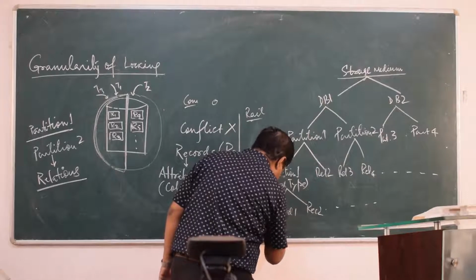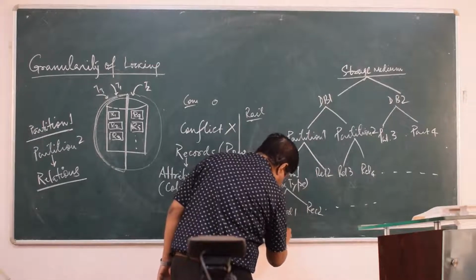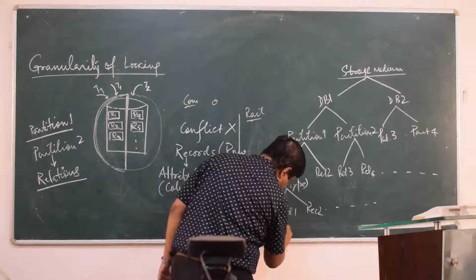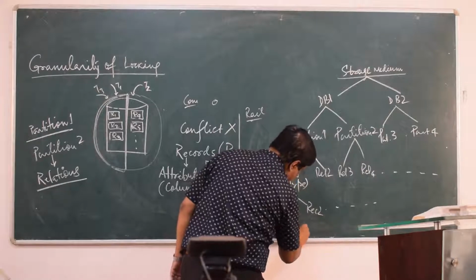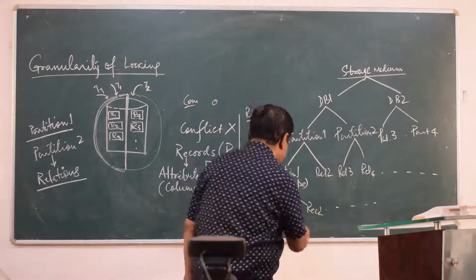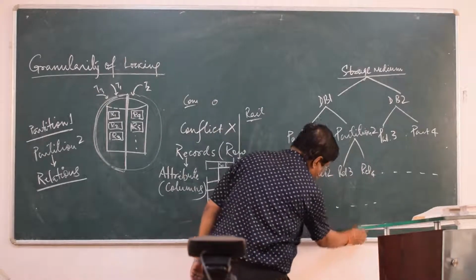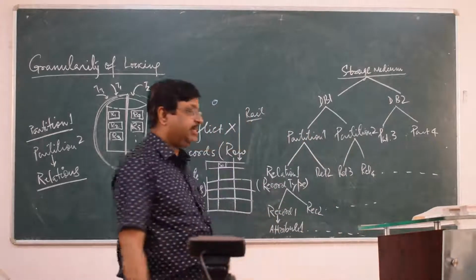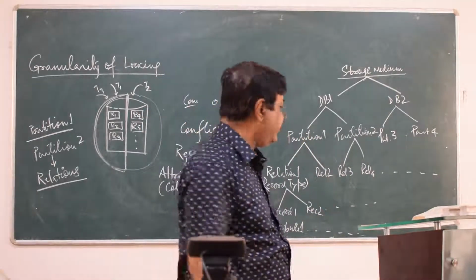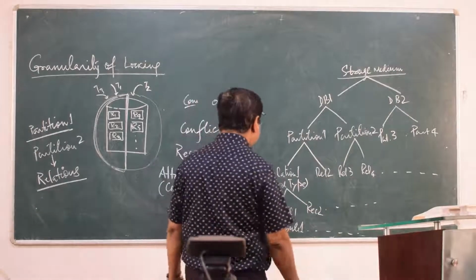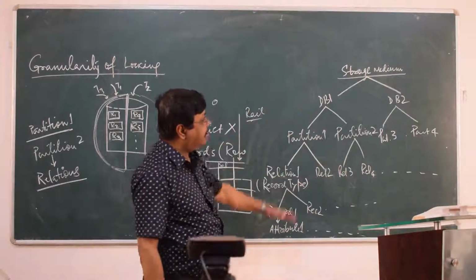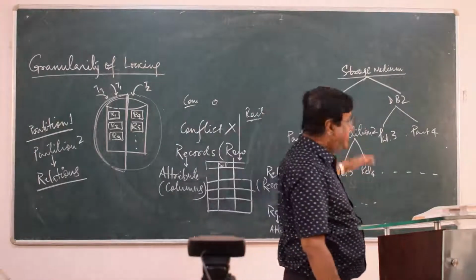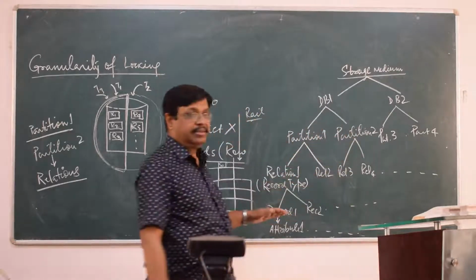Then the finer level is attribute 1, 2, 3, and so on. Attribute 1, and within this we might write an intersection of row and column. So this is the graphical representation of granularity of locking.